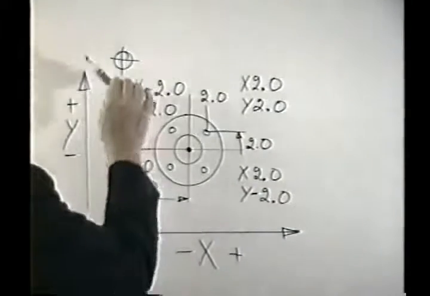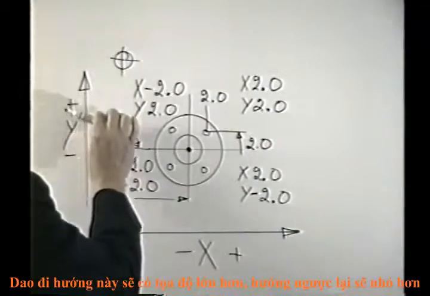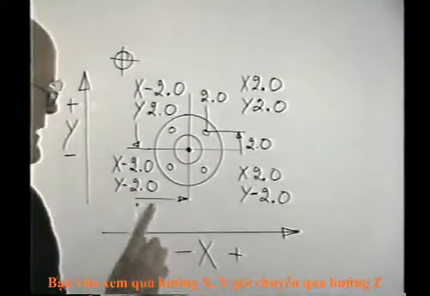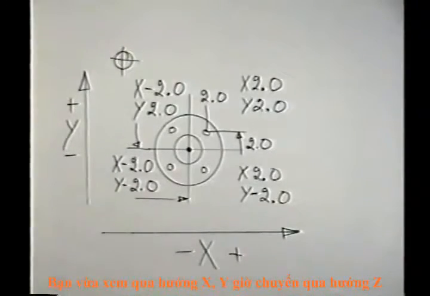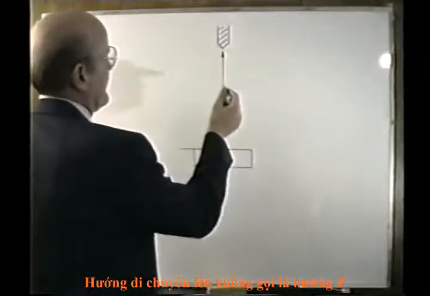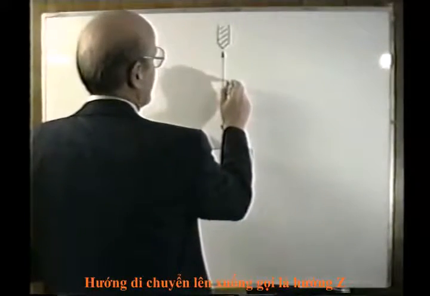Tool travels this way, the number gets bigger. Travel this way, the number gets smaller. Now that is the x and the y, and now let's take a look at the z direction. The up and down motion on this is always called the z direction.